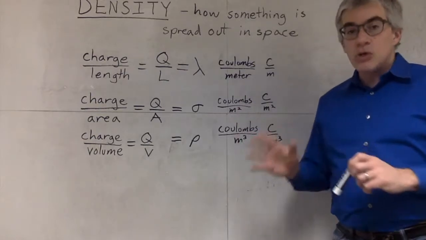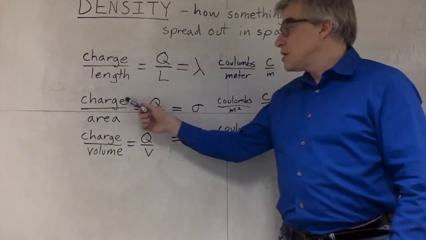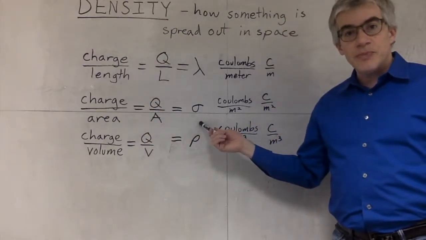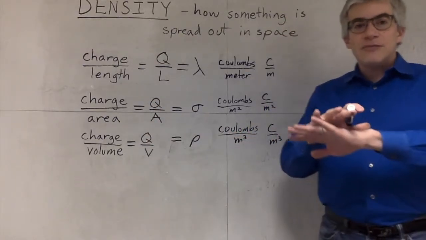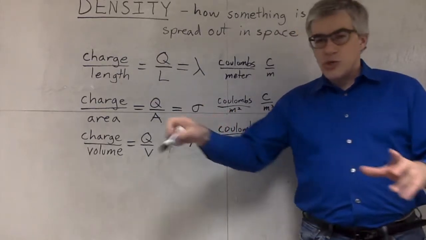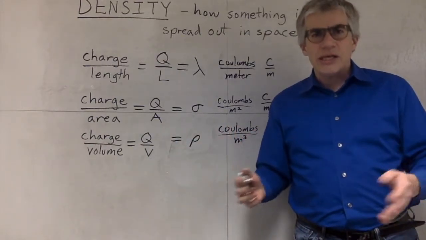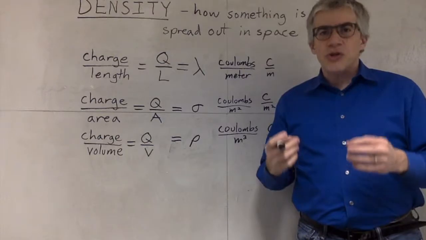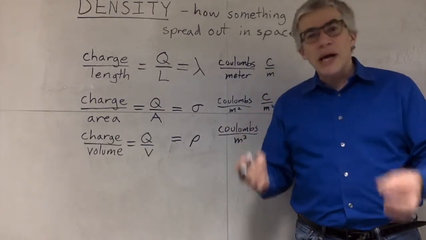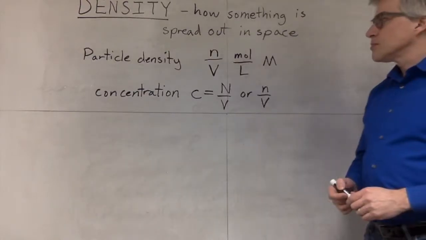Now, as I said, the most common example you're going to see, and maybe the only one you have to deal with, is charge over area is sigma. So if you have a surface that is electrically charged, there's going to be so many coulombs worth of charge in a square meter. Now, realistically, it's going to be microcoulombs, nanocoulombs, or even picocoulombs, because a coulomb is a lot of charge.